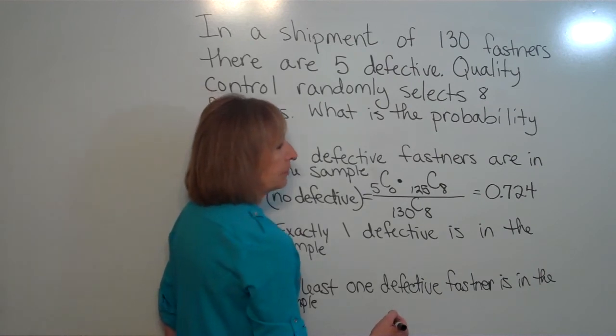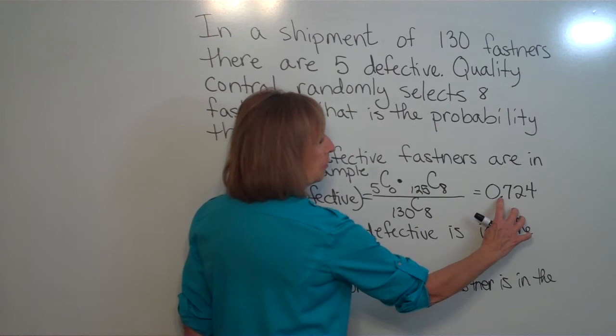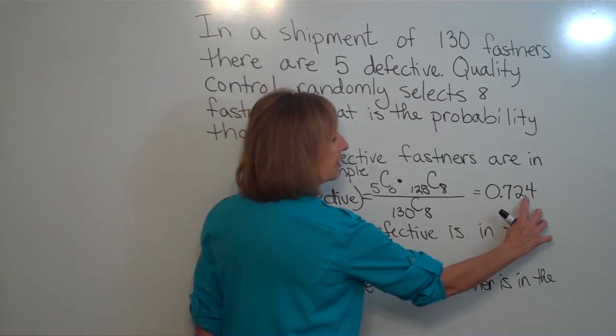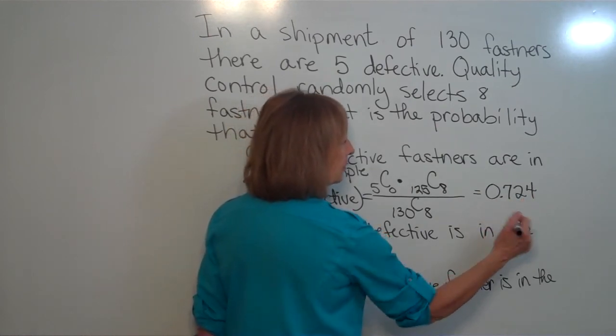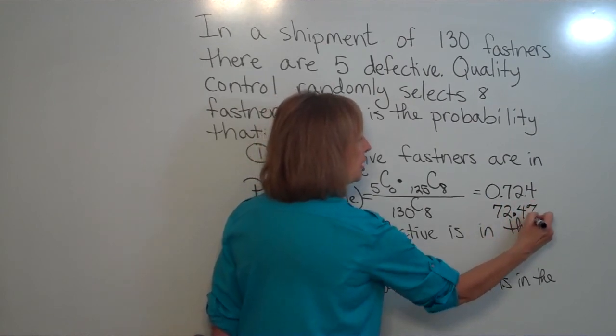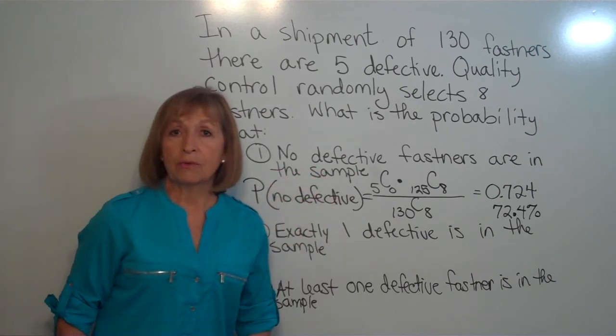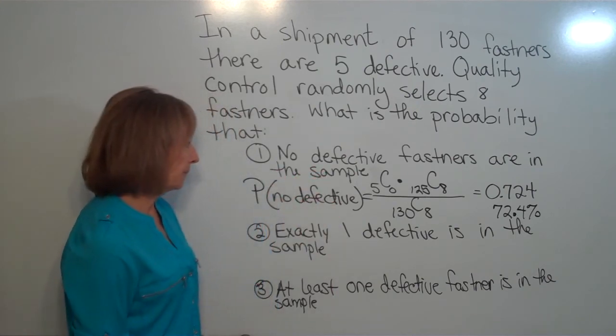And if you want to work with leaving it as a percent, remember you're going to move the decimal point 2 places to the right and then put the percent symbol on it. So 72.4% chance of pulling a sample out of there where you don't have any of the defectives in them at all.